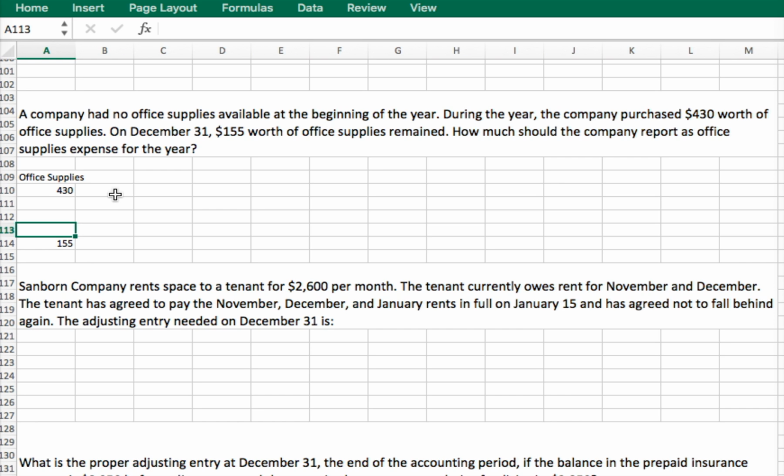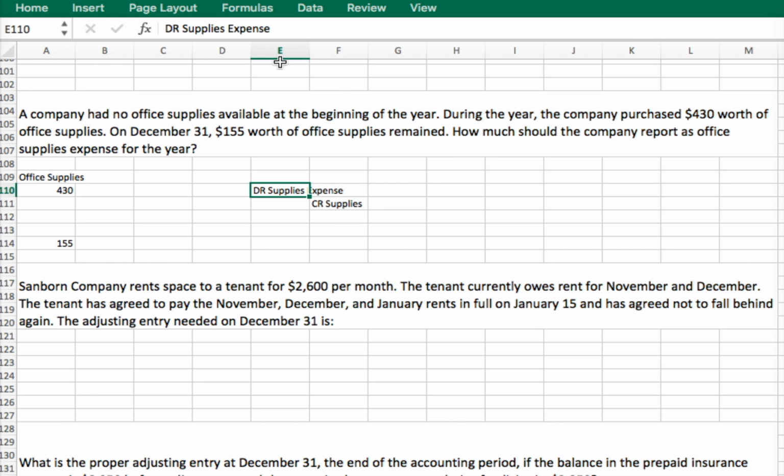And that amount that we credit office supplies for is going to be our supplies expense for the year, because the journal entry would be a debit to supplies expense and a credit to supplies. So in this case, the difference between those two is what? 275.